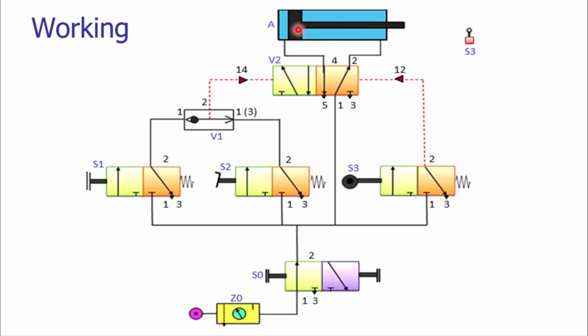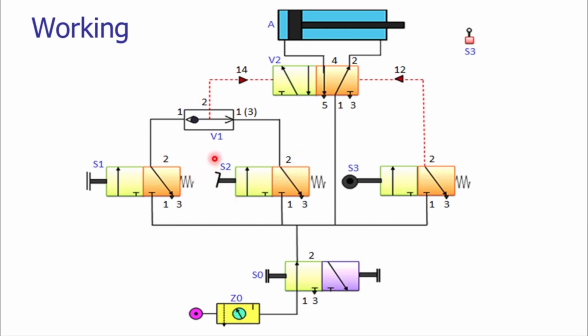So when the piston is moving from left to right, the fluid which is on the other side of the piston cylinder arrangement will be taken back to the vent. So here it will be taken back through the vent porting.